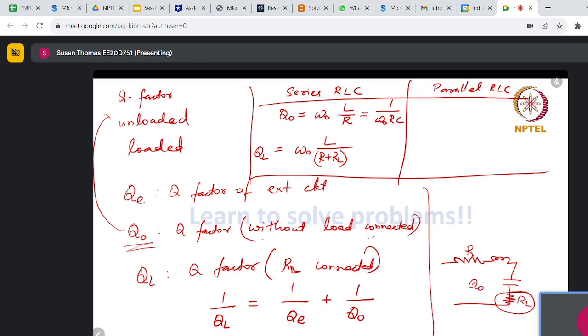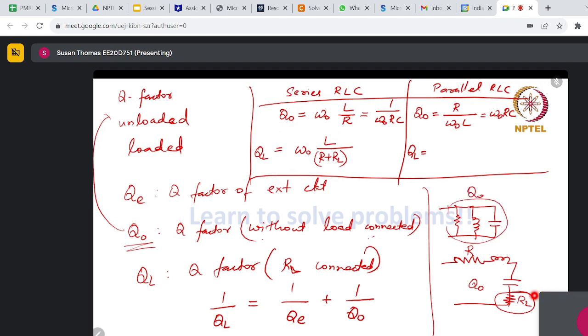Similarly, in case of a parallel RLC, the unloaded Q factor equation is R by omega naught L, or omega naught RC. So the loaded Q factor comes out to be, in case of parallel RLC, what happens? We have R, L and C, and this is the circuit having a Q factor Q naught.